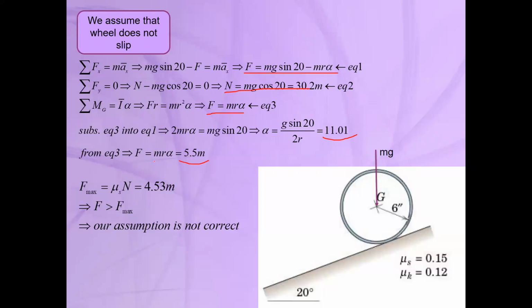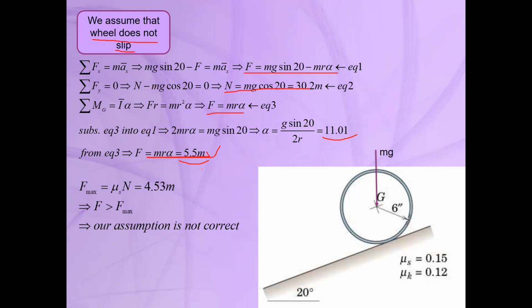So this is the friction force that we obtain from the initial assumption that the wheel does not slip. According to this assumption, we obtain that the friction force is equal to 5.5 m.